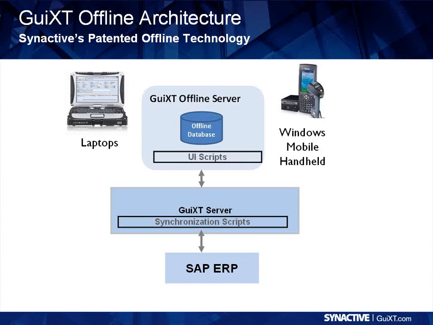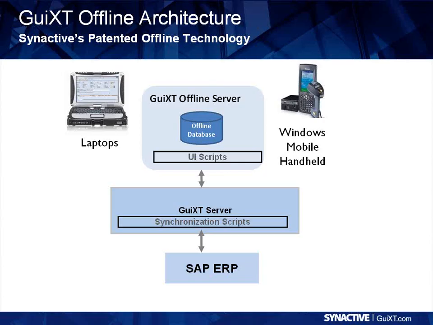Basically, there are 4 main components in the offline suite. There's the GuiXT server, there's the offline server, and there's the offline database, and the offline client. Now, the GuiXT server resides on a separate server machine from the system where the offline server will be installed.